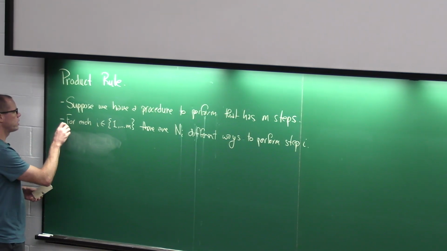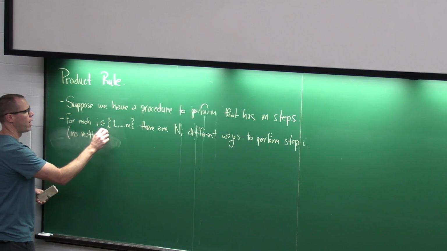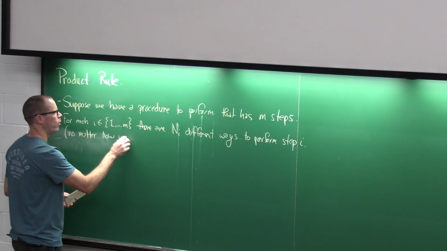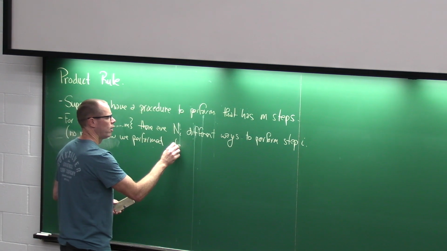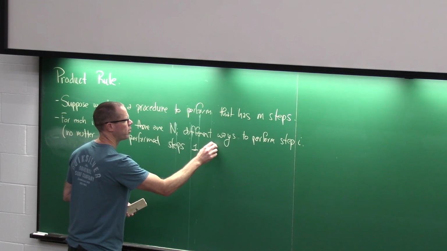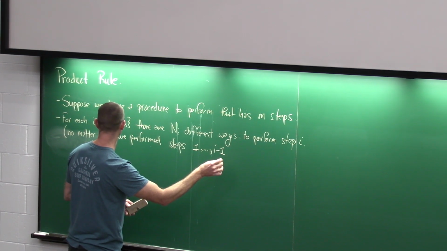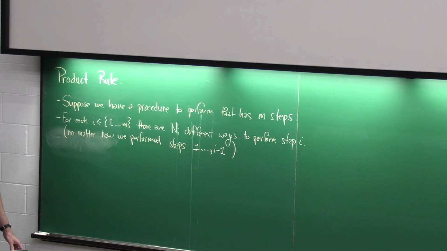This is true no matter how we performed all the previous steps, 1 up to i minus 1. So it doesn't matter what I did before this, at the ith step, there's exactly n sub i ways to perform this.